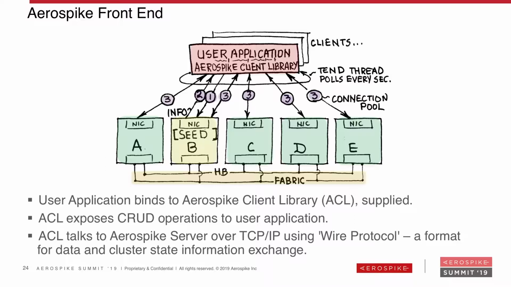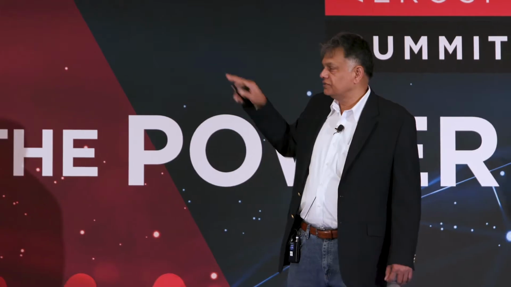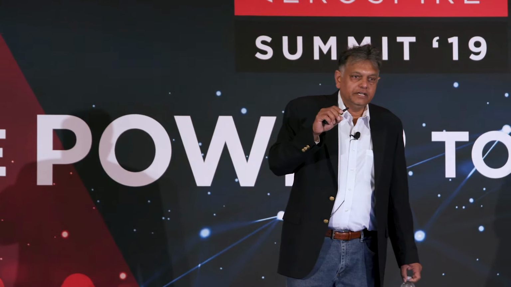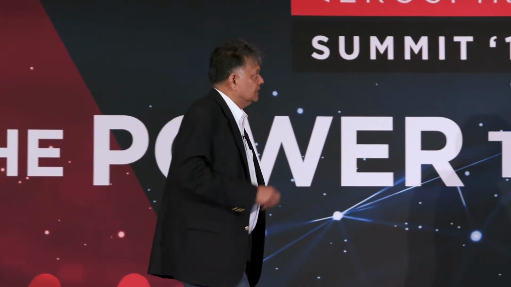So when your application tells the library, hey, here is a seed node of the cluster I want to join or work on, the client library opens a connection to the seed node. It can be any node in the cluster. And the seed node then provides the client library the list of all the nodes in the cluster, because it has it from when it formed the cluster through that Paxos algorithm, right?